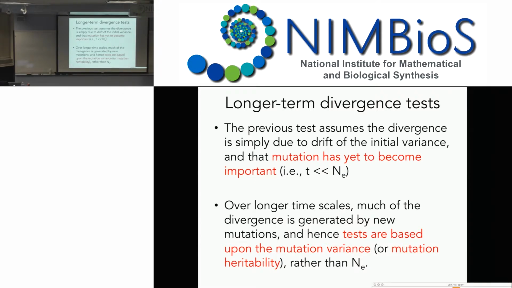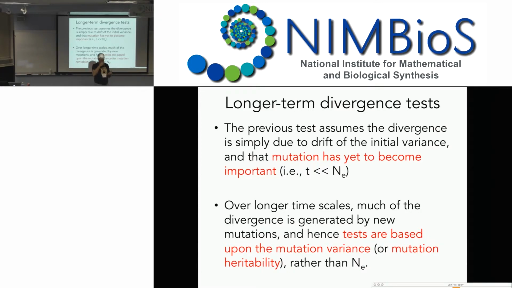One way to think about that is if I have a population and split it in half, the two populations start identical. As they undergo drift, the populations diverge because by chance they fix alternate alleles. Sometimes they'll fix the same allele, no divergence. Sometimes they'll fix alternate alleles. And so populations can diverge because the initial additive variation can be partitioned. They can also diverge because new variation arises by mutation, and that drives the populations apart as well.